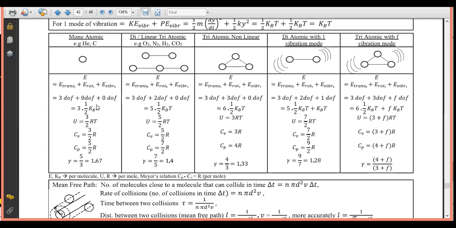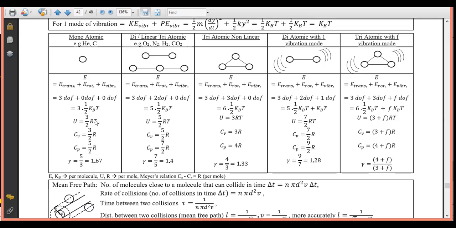Whenever you see kB, it is for per molecule. You see I have given it in the bottom. Whenever you see R, R stands for the mole. So that means U and R are for per mole, E and kB are for per molecule. All these things are very, very confusing in your textbook, so I tried to give all these things separately, properly. Once you get that, go back to your thermodynamics and look for the relationship.